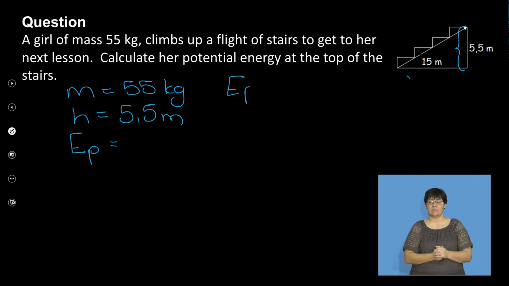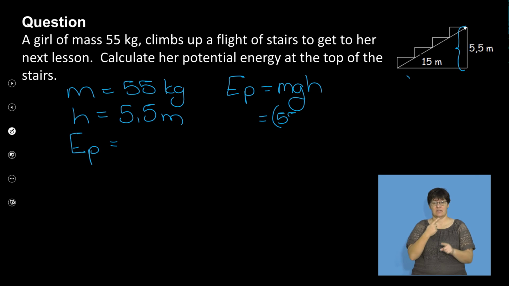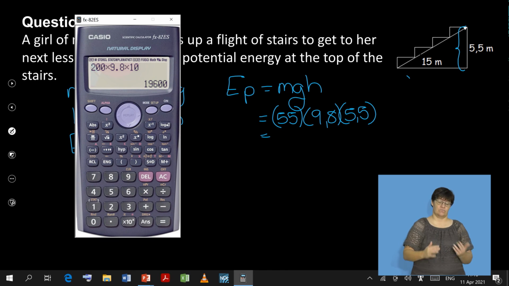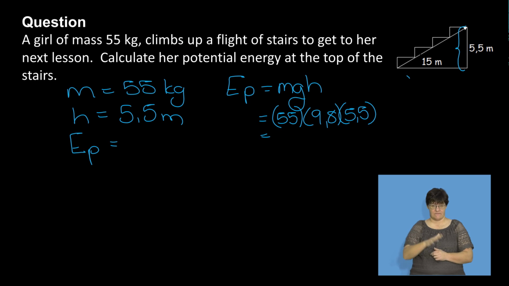So, potential energy, mass times gravity times height: 55 times 9.8 times 5.5. So let's do this. We get 2,964.5.